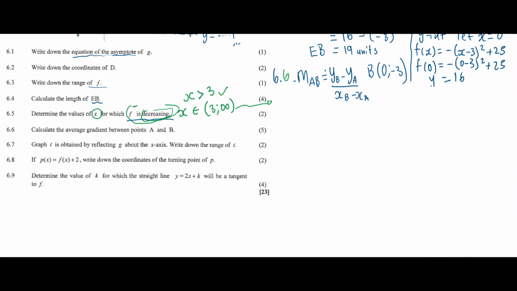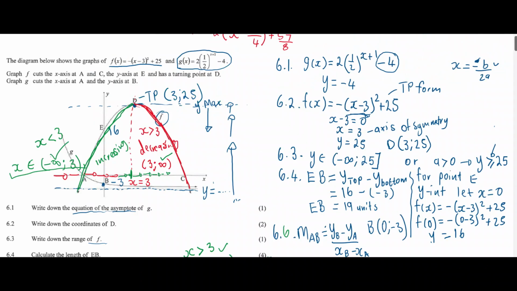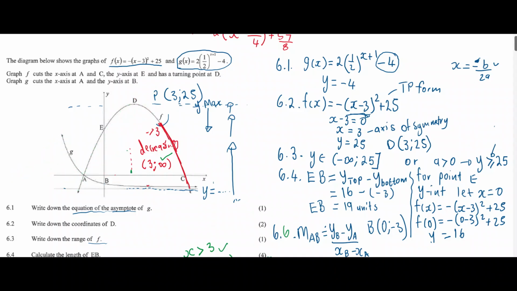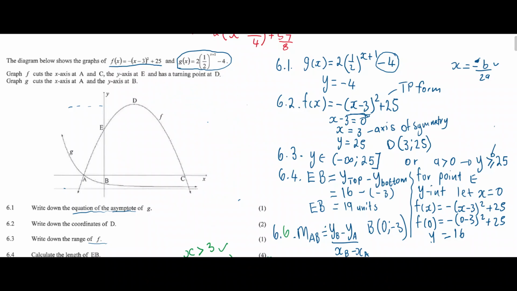So let's erase this part just to have space, right? How can we get the coordinates of A though? Do we have the coordinates of A to get the gradient? No. But how can we get the coordinates of A? Looking at A here, let me erase and clear and have some space here. Hope you guys took notes of that. But let's just move on and look at the coordinates for this point, right?